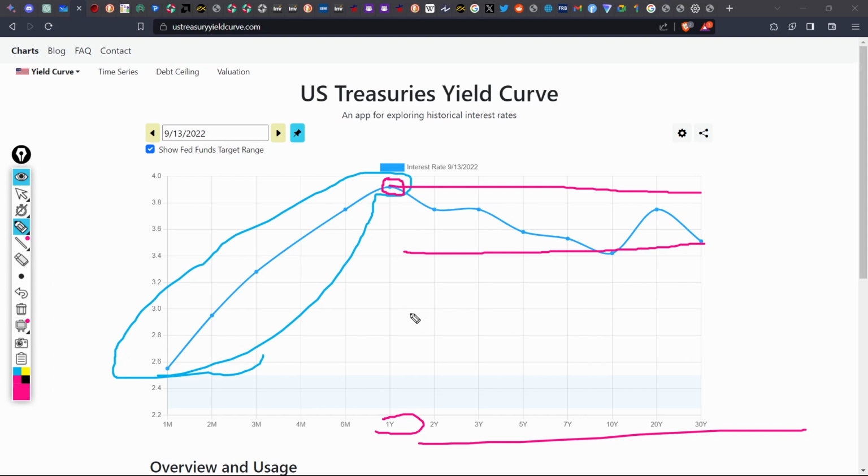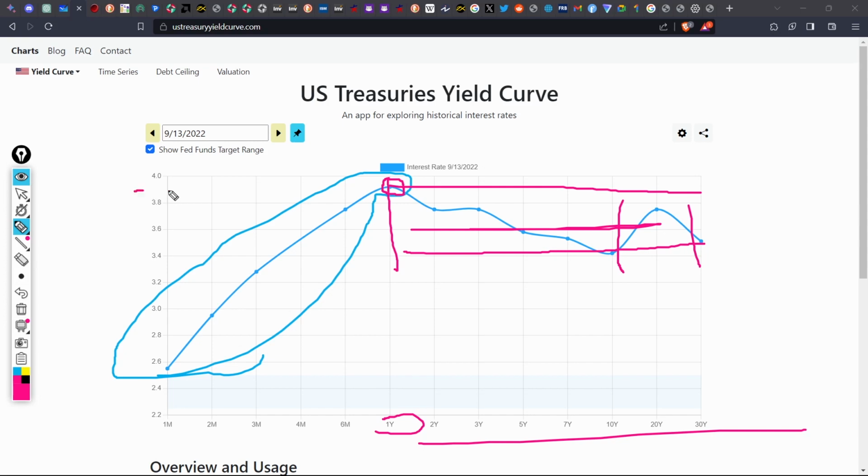At some point, the yields for the monthly and the 6 months start picking up, but the yields for the 30 years start falling. So between this 1 year and 10 year, 30-year time frame, you can see it's mostly flat.